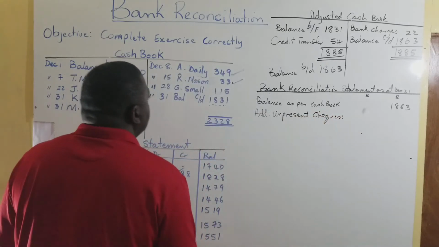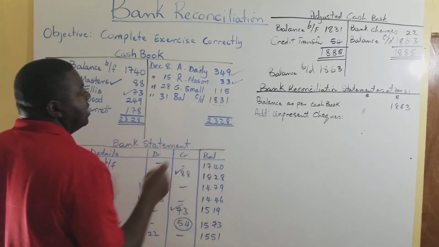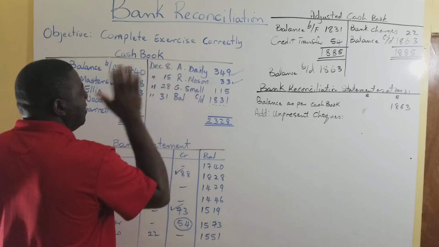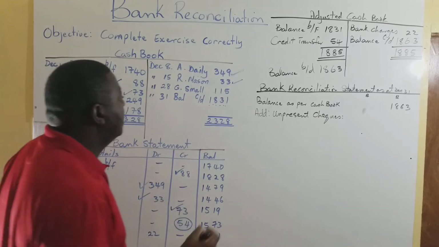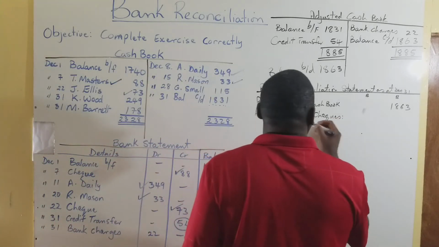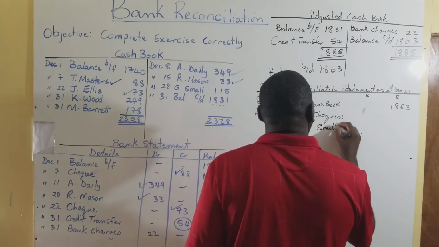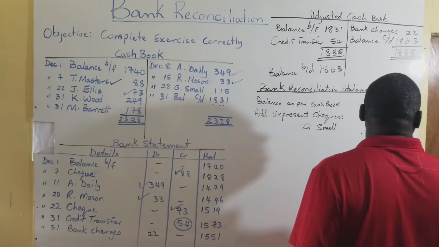All right. And of course we have done the elimination, so we realize that this is the item. The unpresented check is on the credit side of the cash book, and we see that this is the item that is needed. And it's G Small, and G Small is 115.